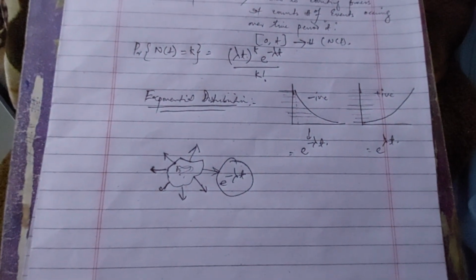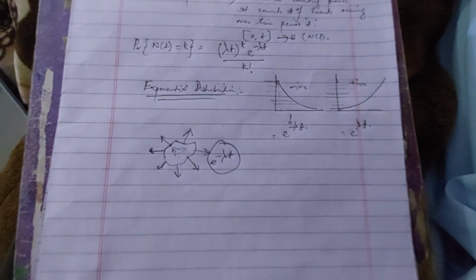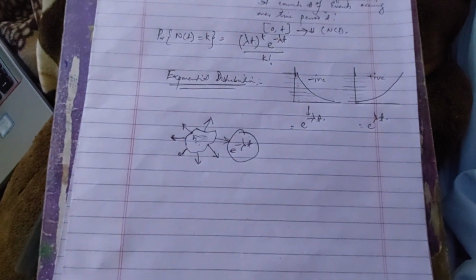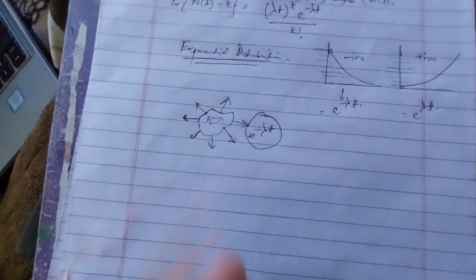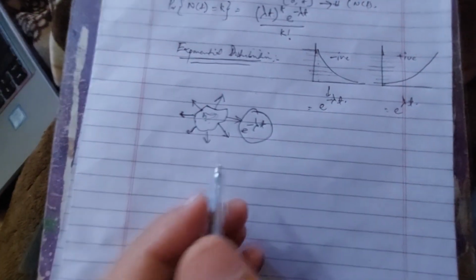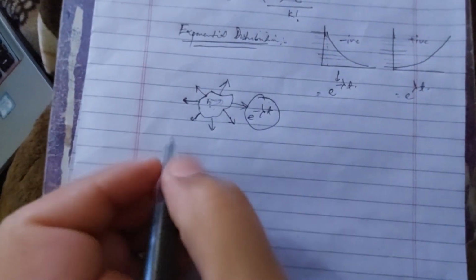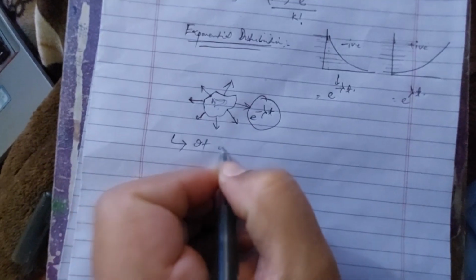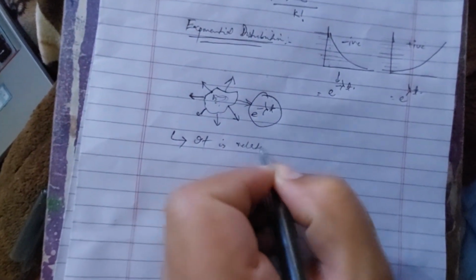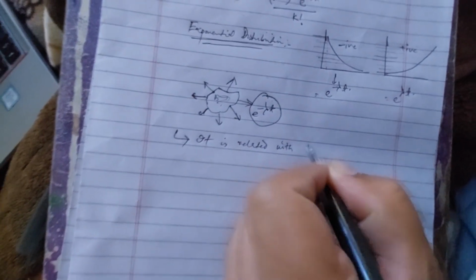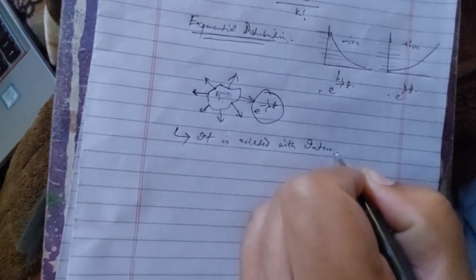But now I will explain it in terms of the association with the Poisson process. The exponential distribution is quite related to the Poisson process. How is it related? It is related with inter-arrival times.